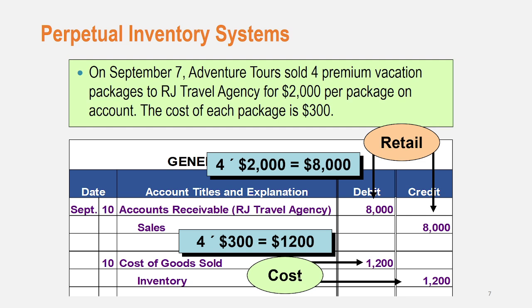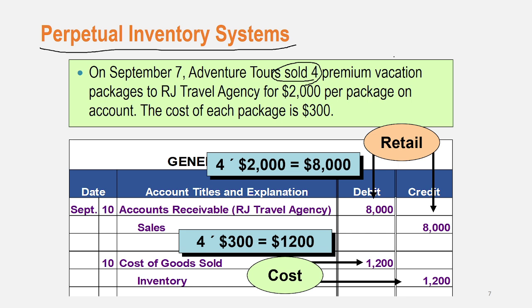As we can see here, under the perpetual inventory system in a merchandising tourism company, some selling takes place. The company sold 4 premium vacation packages in the merchandising company under the perpetual inventory system.